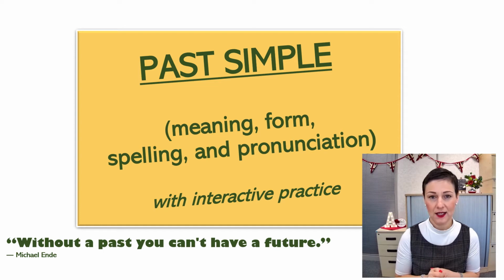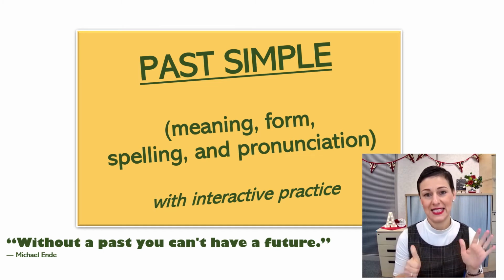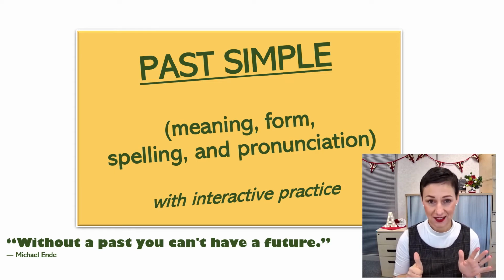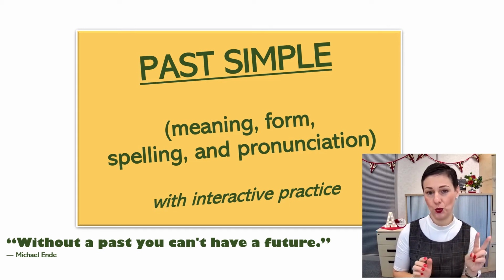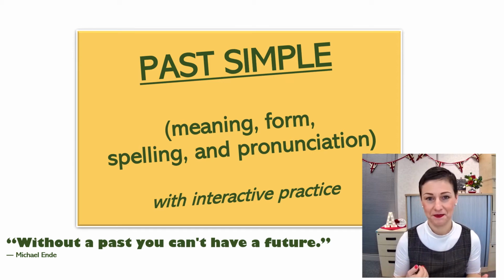By the way, did you know that in English there are 6 different tenses to talk about the past? 6 grammatical past tenses. Most languages have only 1 or 2, like German, Italian, Spanish, Slovakian.